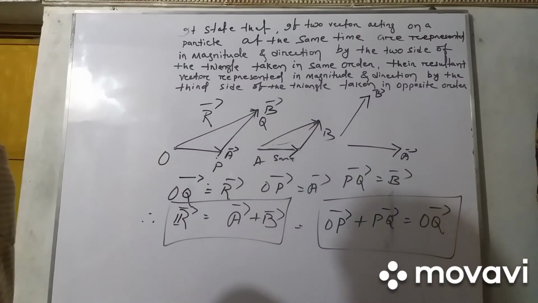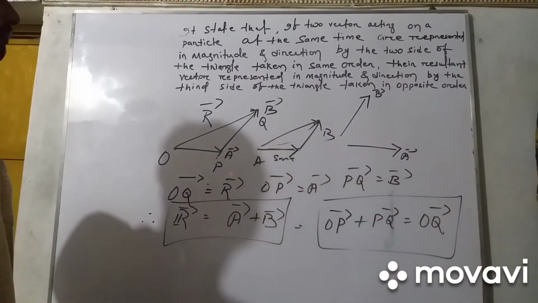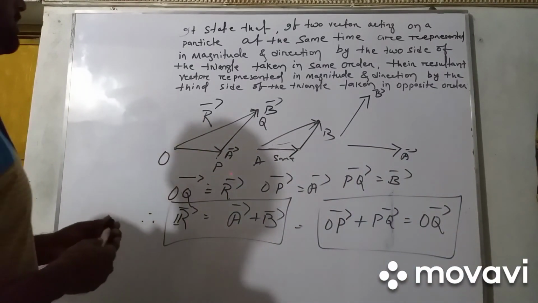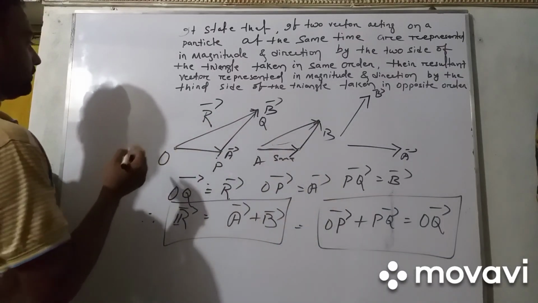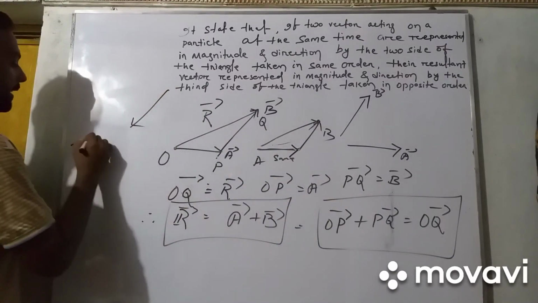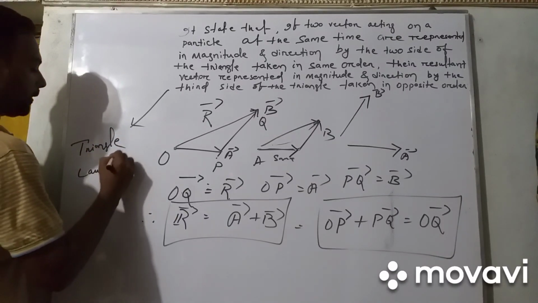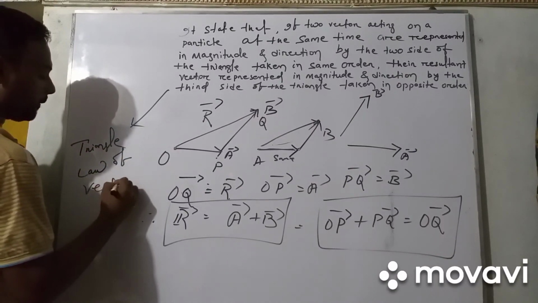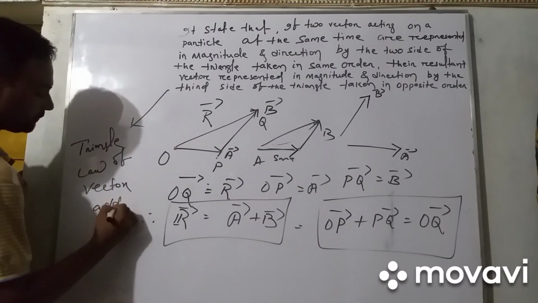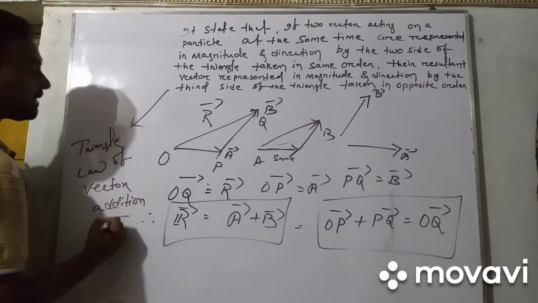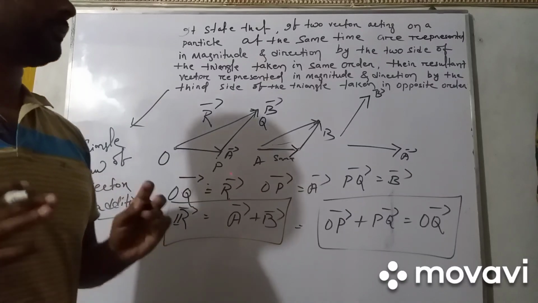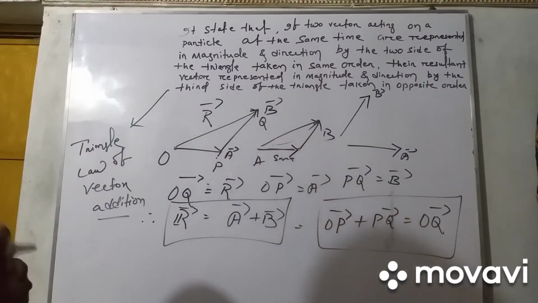Clear? Please note it. That is called the triangle law of vector addition. This is the graphical representation of the addition of two vectors.